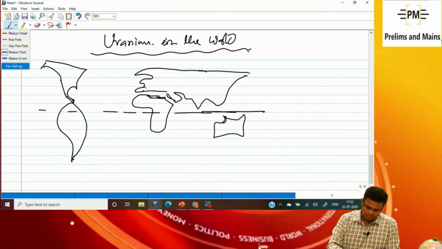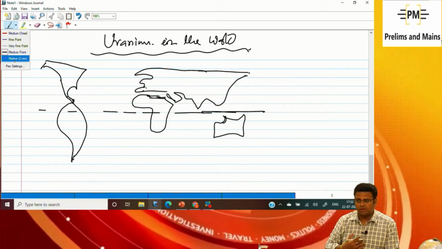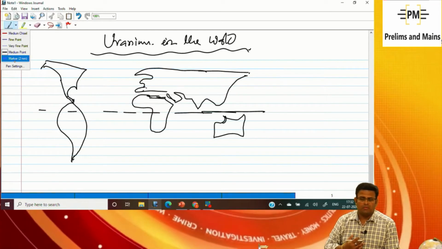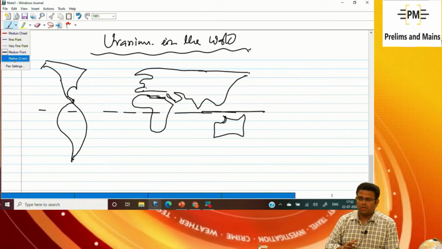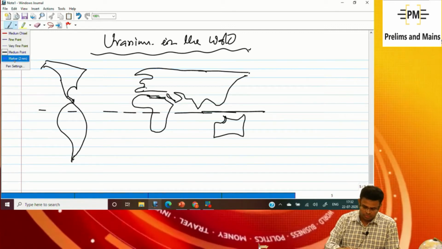For geography, for international relations, and whatever you are studying, if you know how to draw the world map and India map faster, it will be good for you.